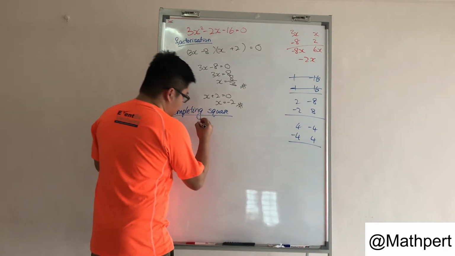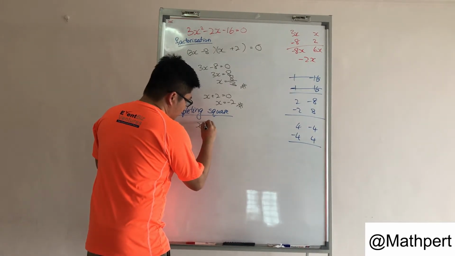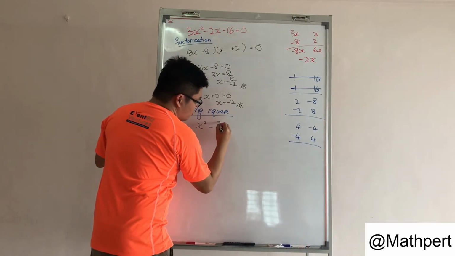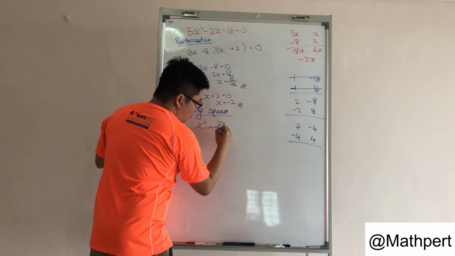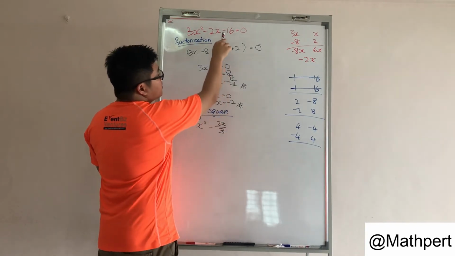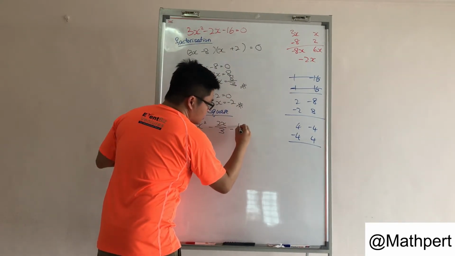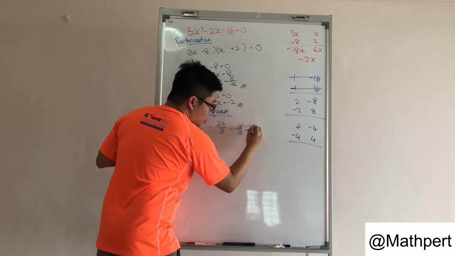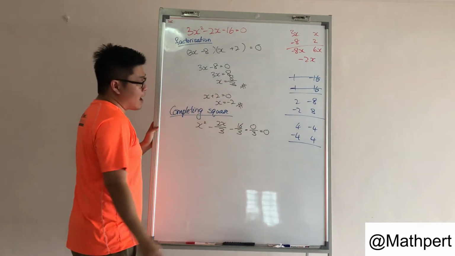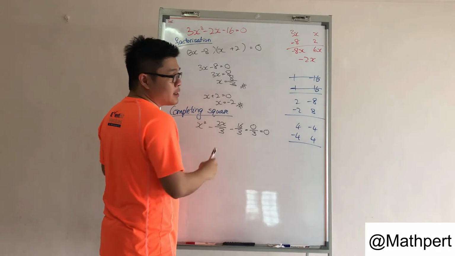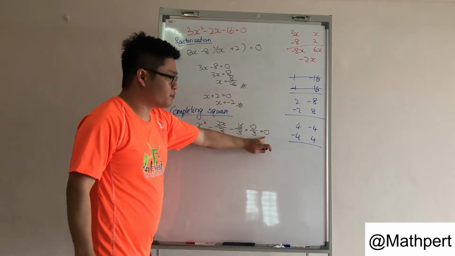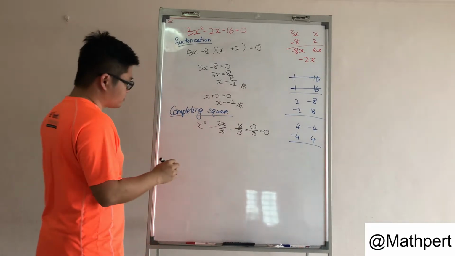So this will become x squared minus 2x over 3 minus 16 over 3 equals 0 over 3, which is also 0. 0 divided by anything is also 0.